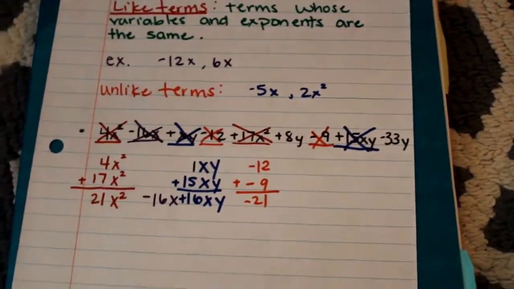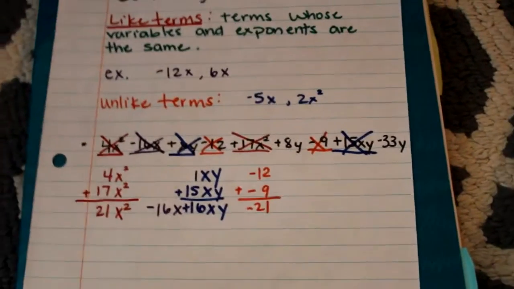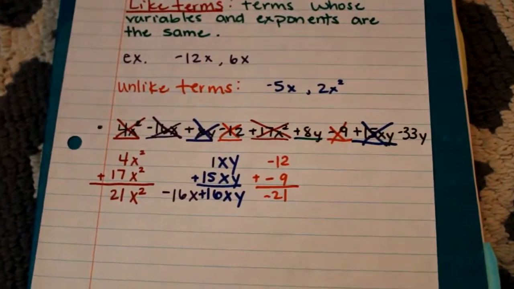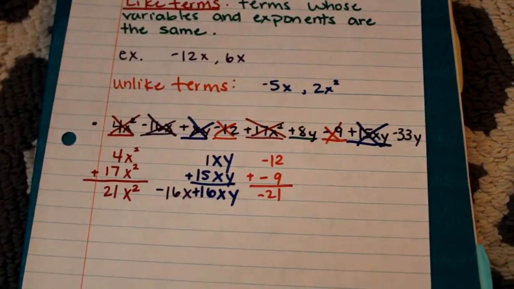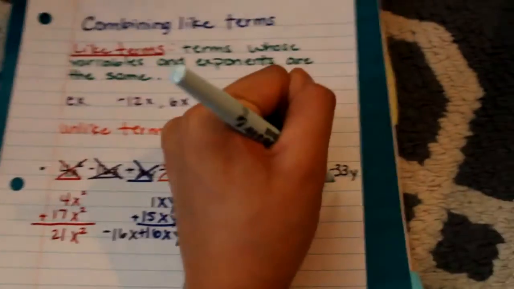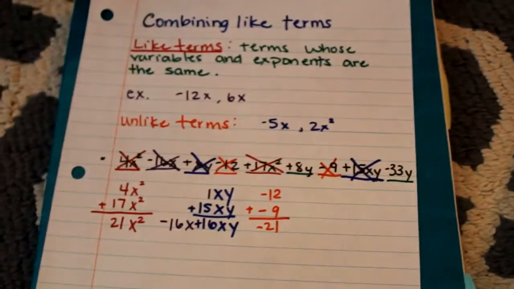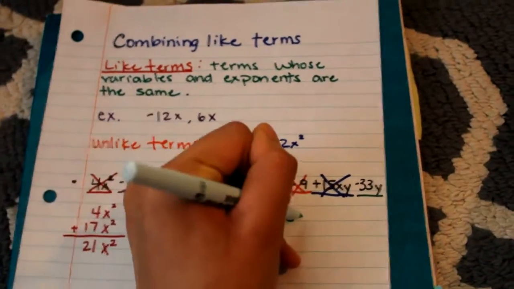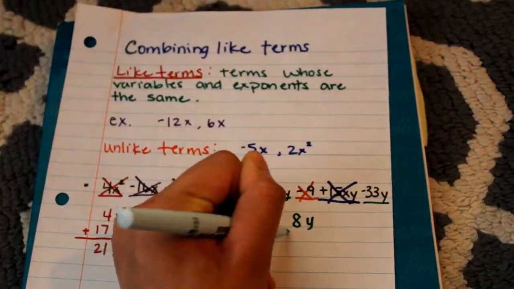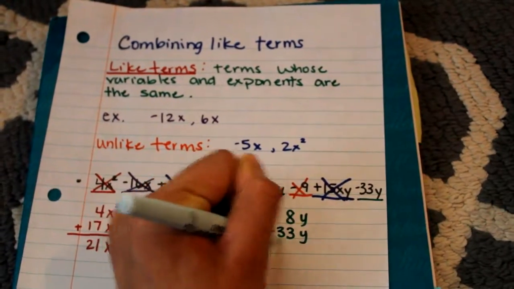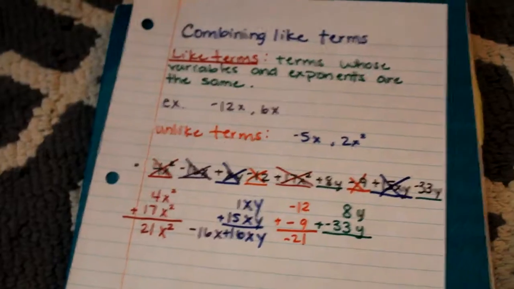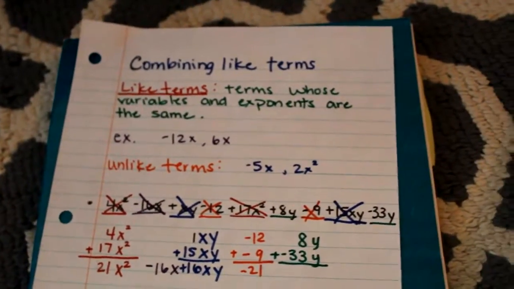Okay, we're going to cross out the terms that we just used. We're going to take a new color, underline our next term, plus 8y, and it can be combined with the only other term, minus 33y. So we're going to say 8y and minus 33y. And when you're combining like terms, you're always going to be adding them.